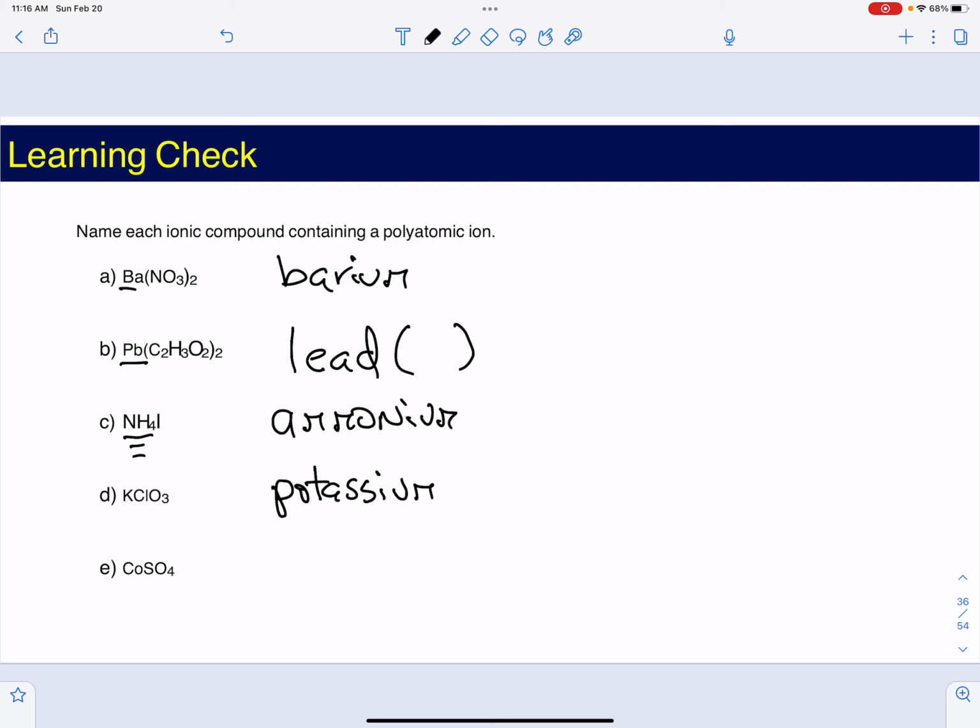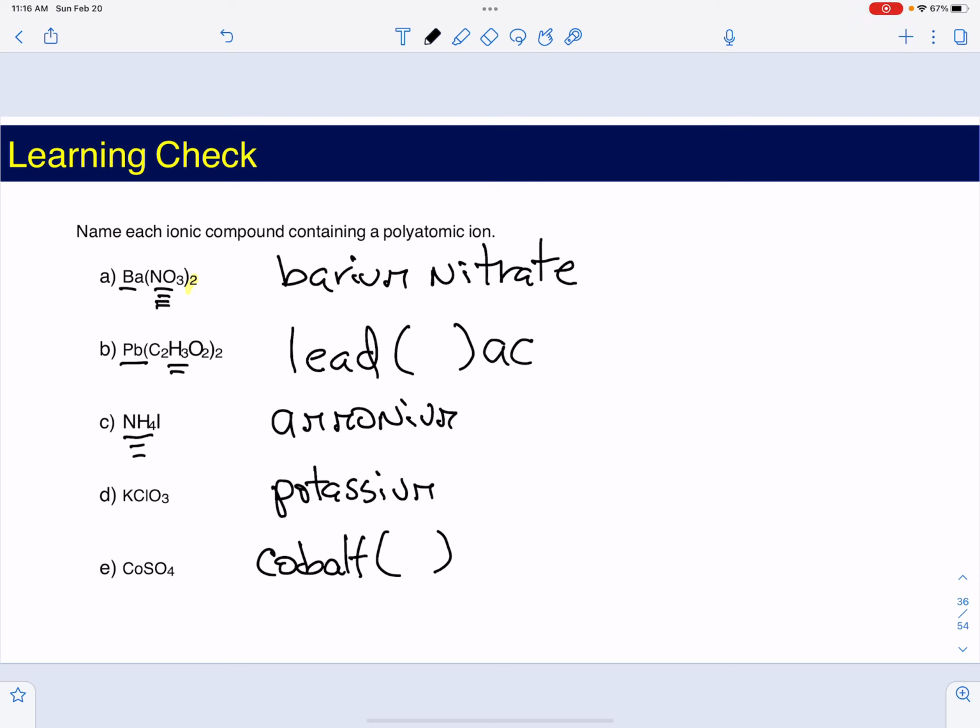And this is going to be cobalt, which I know is a transition metal, so it's going to need a Roman numeral. And then this is a polyatomic ion called nitrate. And that's all I have to do. There's no need for me to worry about this number. So barium nitrate. The next one, according to the periodic table, that's going to be acetate.